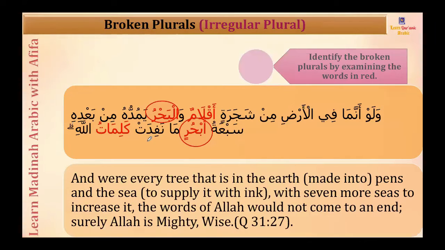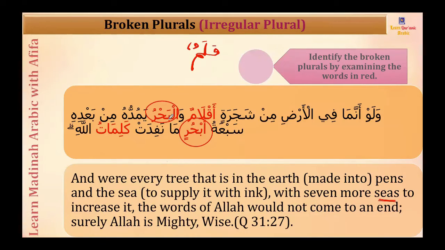So in this beautiful Quranic verse, we see a couple of plurals here. For aqlamun, the singular is qalamun. Qalamun is the singular, and the plural is aqlamun. Then we see another plural here, abhur, for seas, plural.